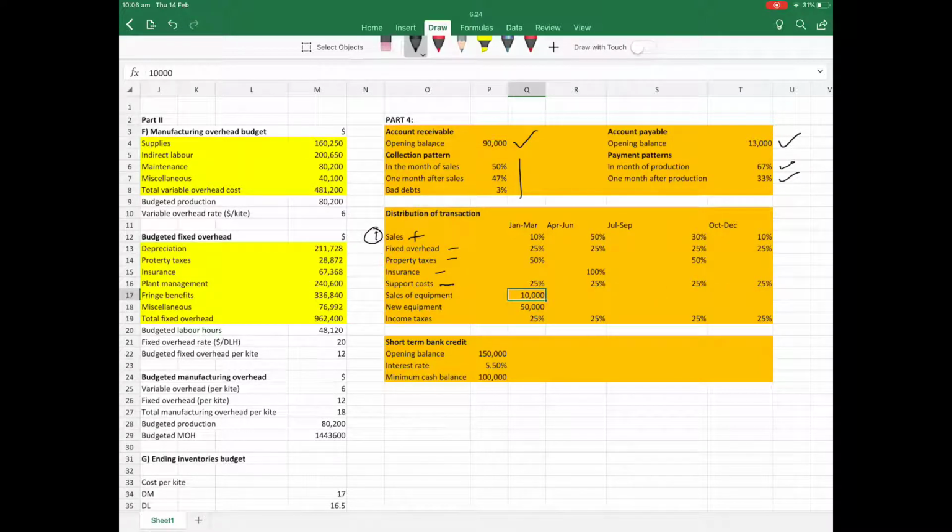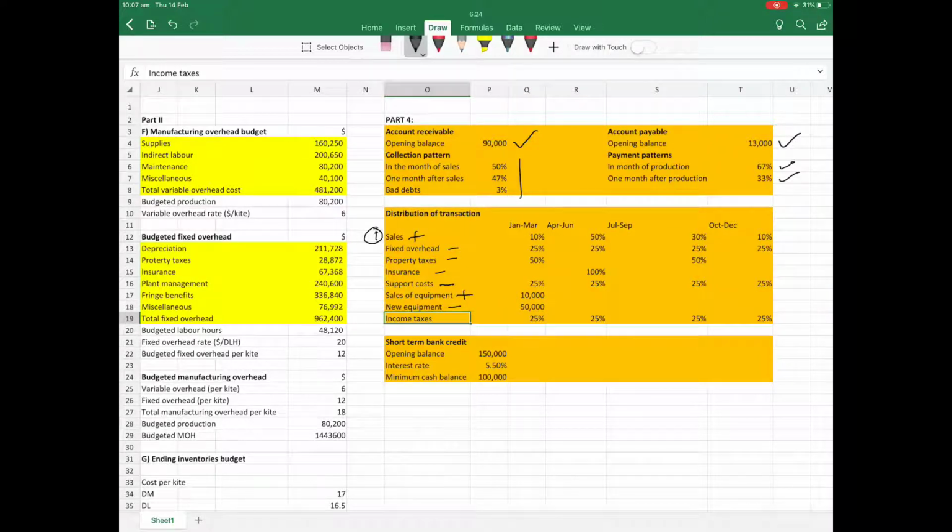The next part is the sales of equipment. They say they collect 10,000 in January. That is a cash inflow, which is the receipts. 10,000 happened in the first quarter. They purchase and pay for the new equipment in January. So that is a cash outflow of 50,000 in the first quarter.